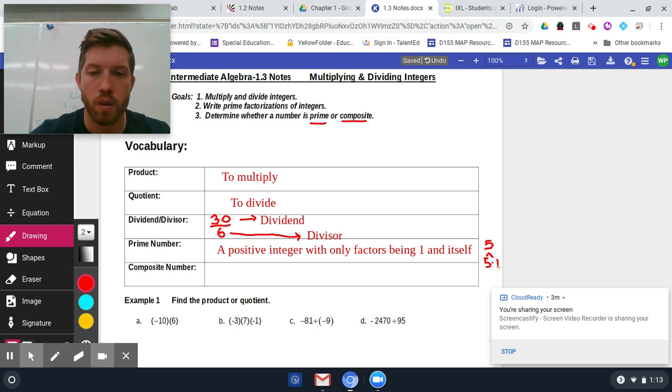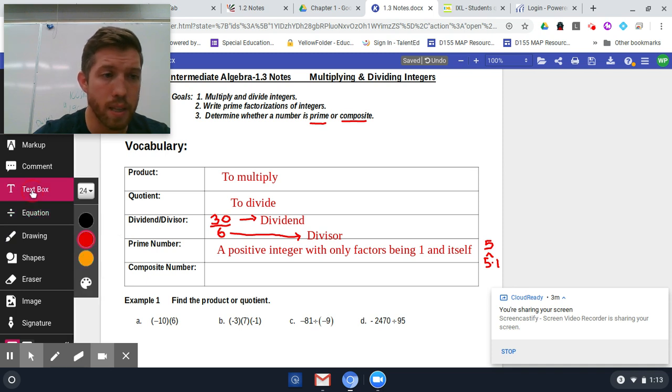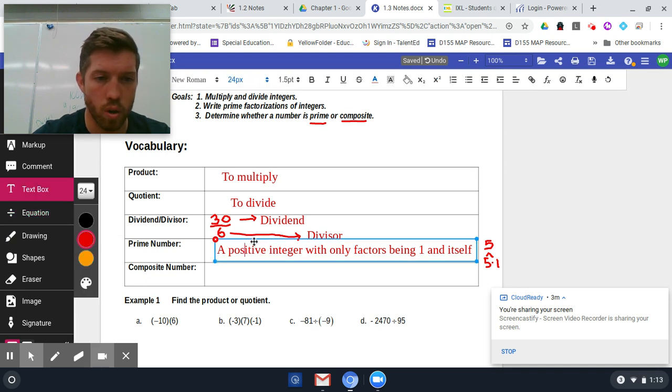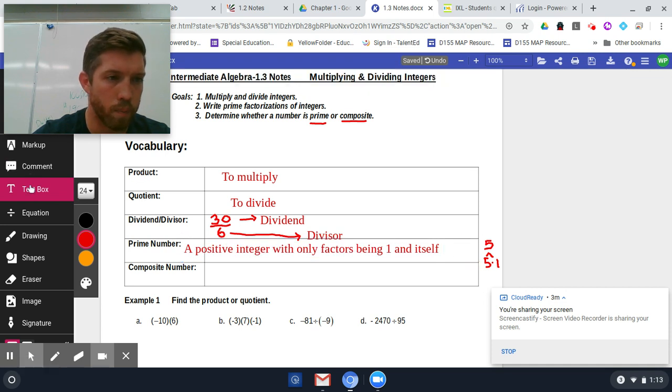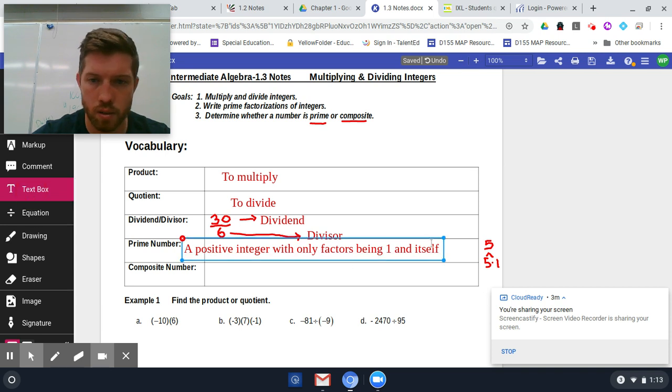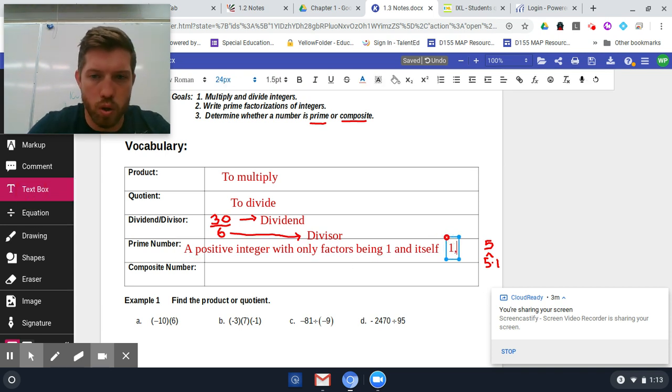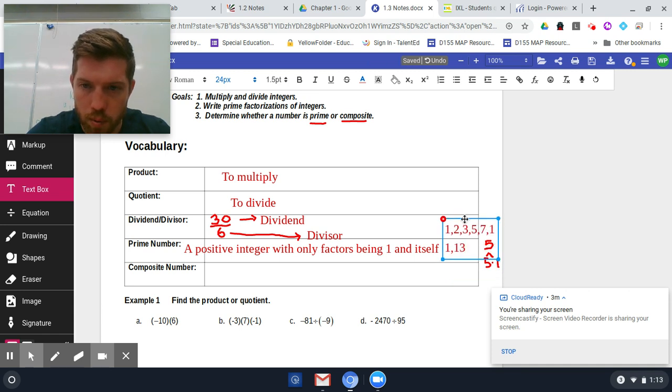So a prime number is only when a number has two factors that equal itself, that being 1 and itself. I'm going to type out a few more of those, give myself some space. Do another text box. So some of our prime numbers are 1, 2, 3, 5, 7, 11, 13. Those are some prime numbers.